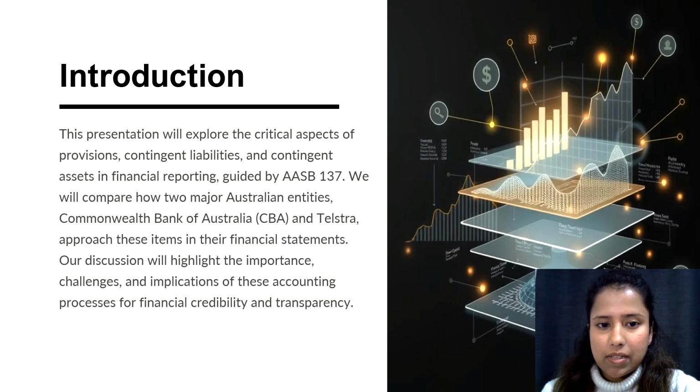This presentation helps in understanding how financial transparency and risk management work in large Australian organizations. Also, I'll be highlighting the importance and implications of these standards in their financial reporting. Let's move ahead to the next slide.